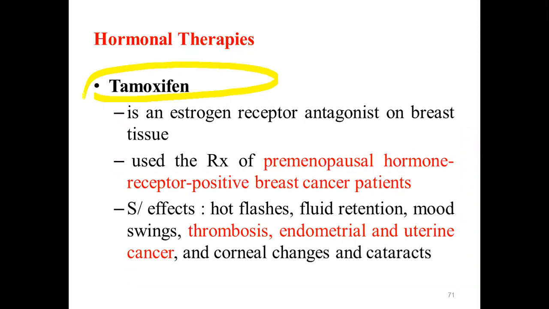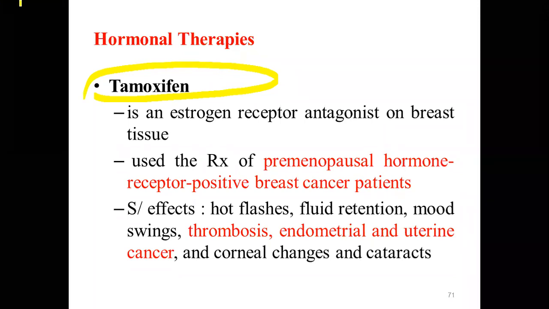What do you know about tamoxifen? At least you can say a few words, huh? Let me ask you.